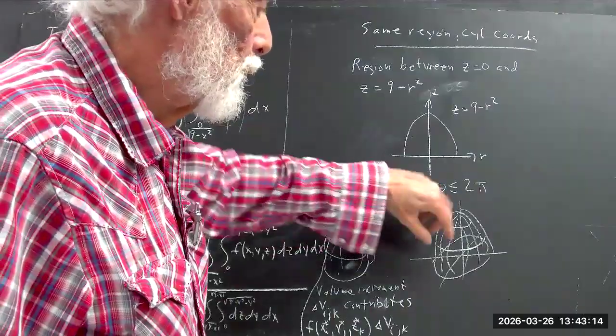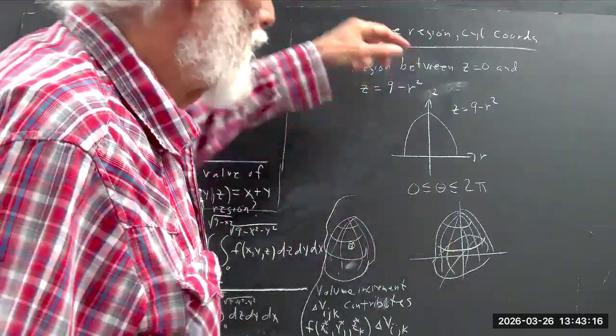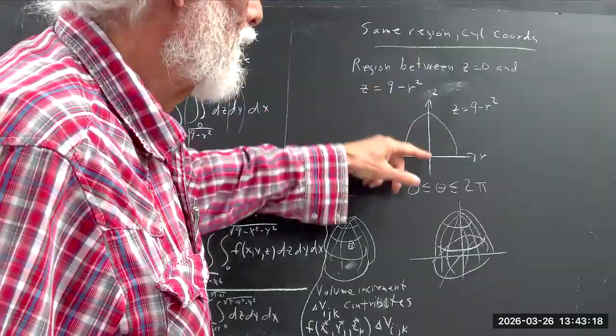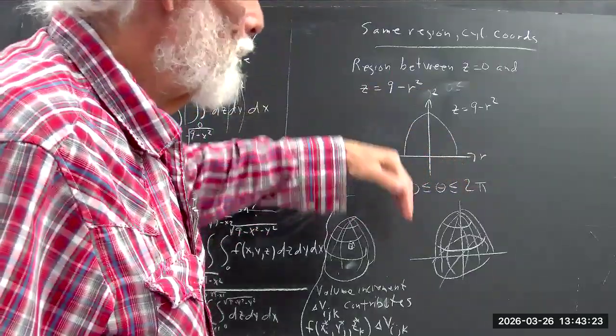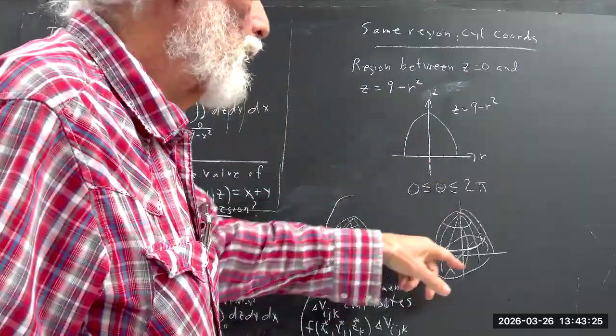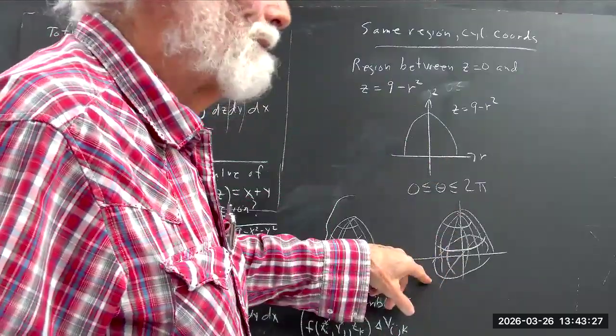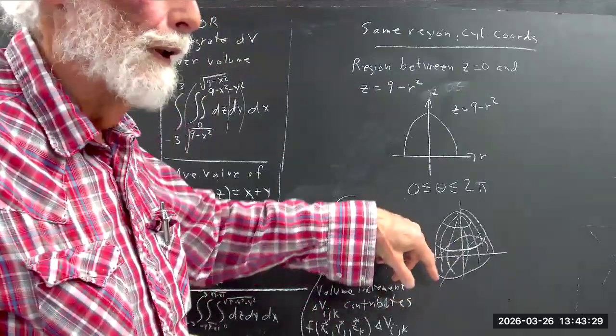Since theta goes from 0 to 2 pi, you have this picture where your r vector, if you wish, makes every possible angle with the polar axis, say with the x-axis.